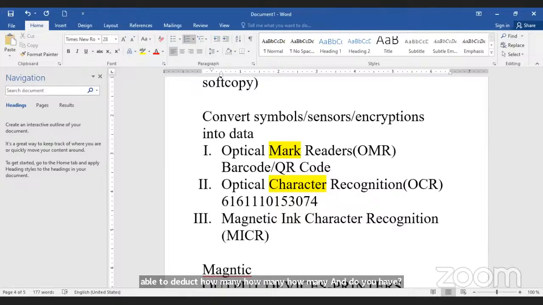Even some organizations have given staff cards, and you swipe this staff card on a sensor. They have some magnetic or barcode or optical characters that can recognize that you are a staff and give you some permissions in the system. So those are some of the applications of magnetic ink character recognition.